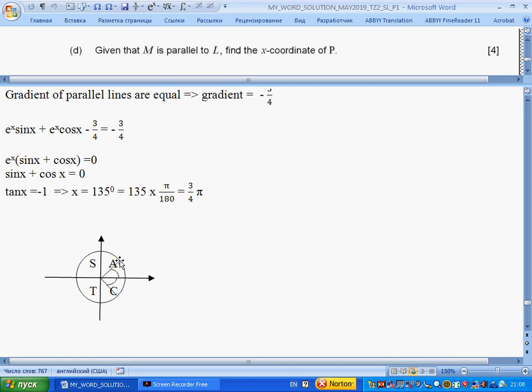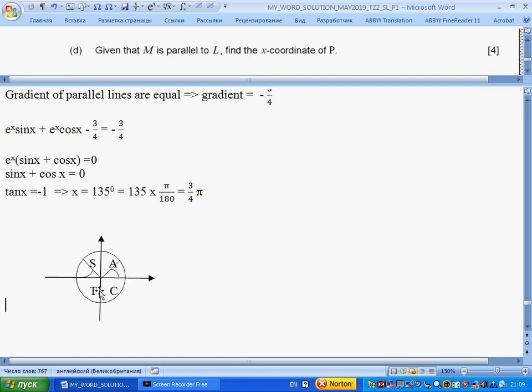Tangent equals 1 for 45 degrees, and tangent equals minus 1 for 135 degrees.